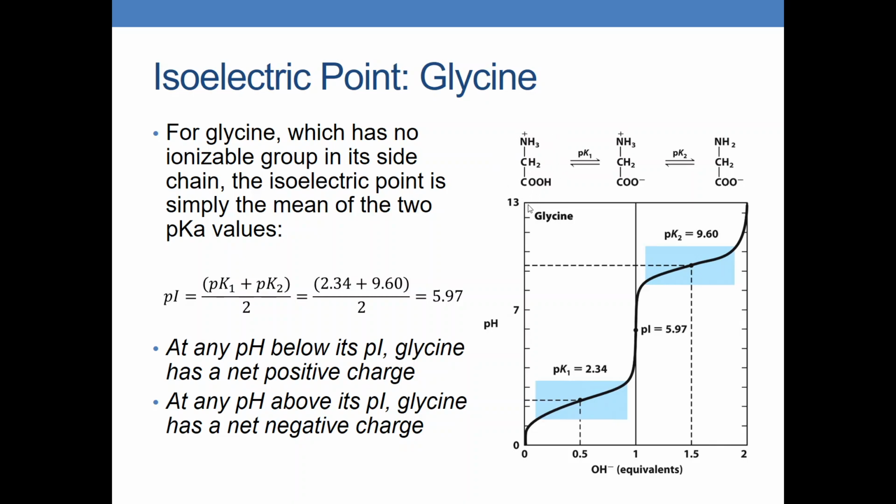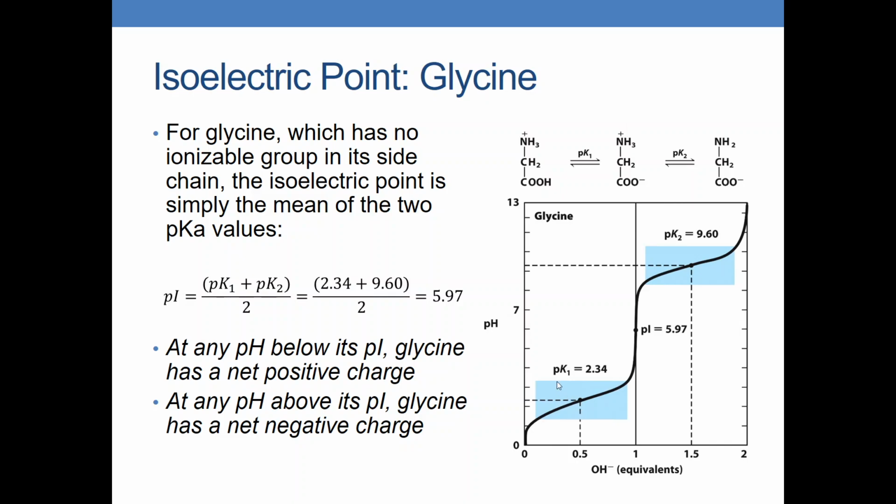My carboxylic acid has a 0 charge. My alpha amino group has a +1 charge. And for the deprotonated species that results, I have a net 0 charge. So +1, 0.